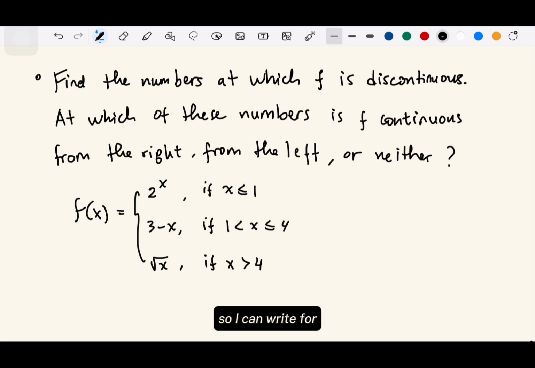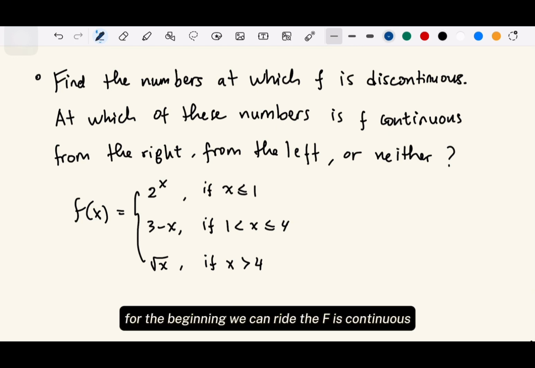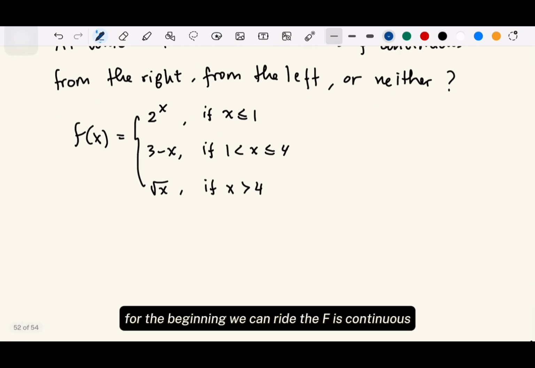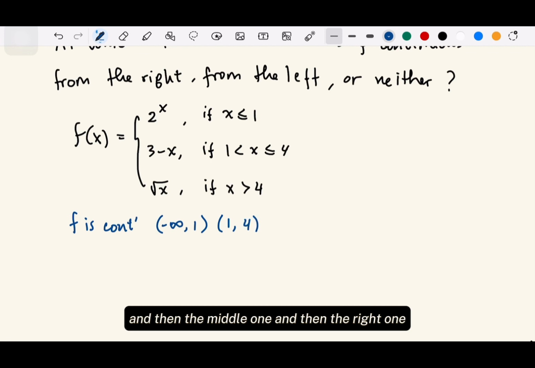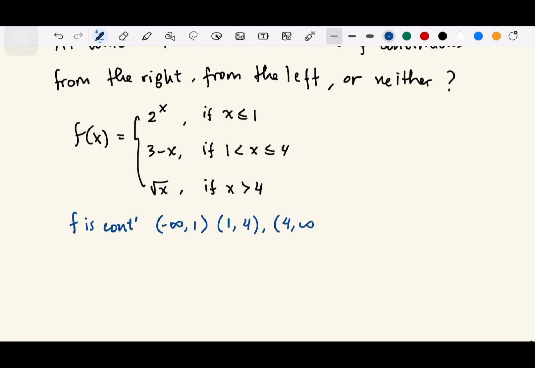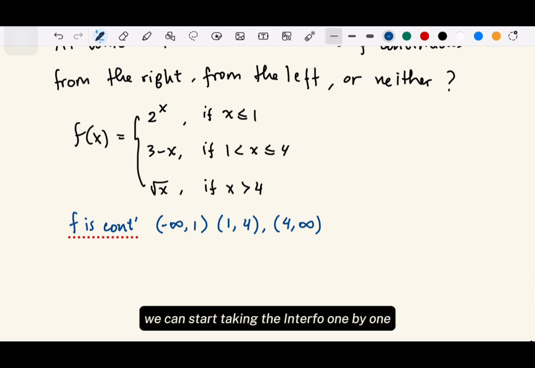So just for the beginning, we can write that f is continuous, let's say from the left, and then the middle one, and then the right one. And now we can start taking the intervals one by one, by looking at this and taking the limit.